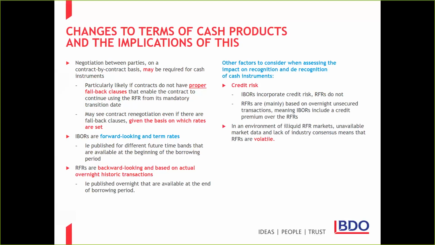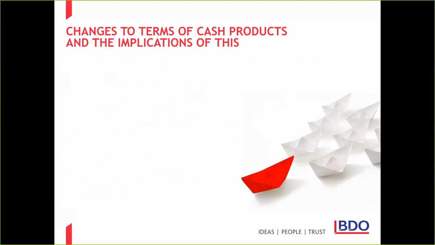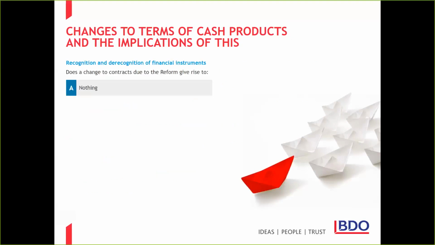In light of all these variables, lenders and borrowers may decide to renegotiate or fix the term of their financial instruments. So, what does this mean, therefore, in terms of recognition and derecognition of financial instruments? There are 3 schools of thought in this respect. Nothing happens when one changes from an interbank offered rate to an alternative risk-free rate.